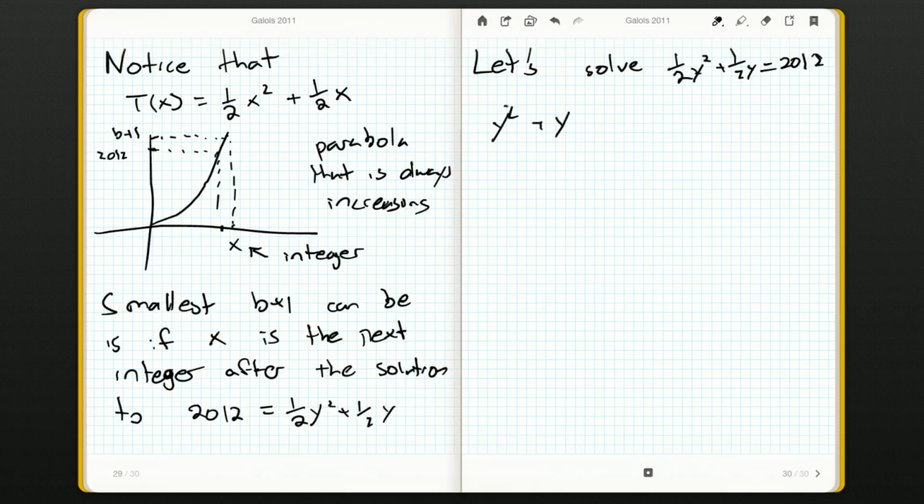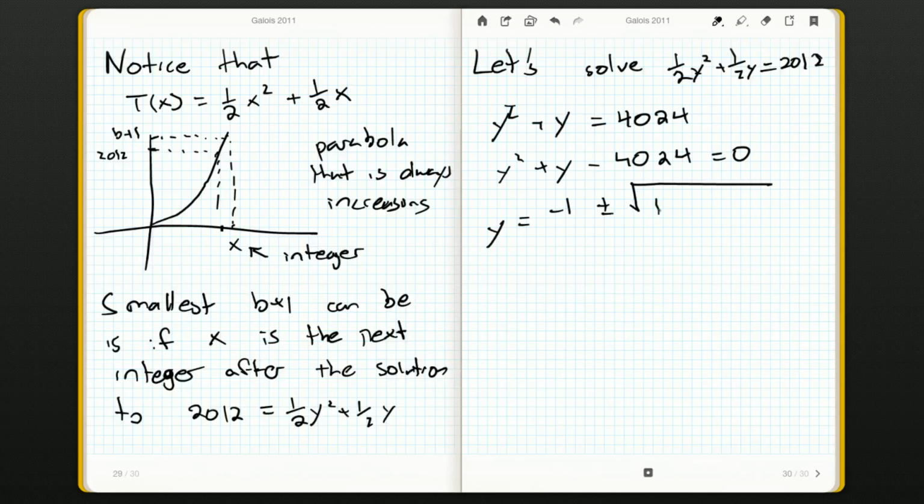We get y squared plus y is equal to 4024. So y squared plus y minus 4024 equals 0. Bring on the quadratic formula. y is negative 1 plus or minus the square root of 1 squared minus 4ac, all over 2.